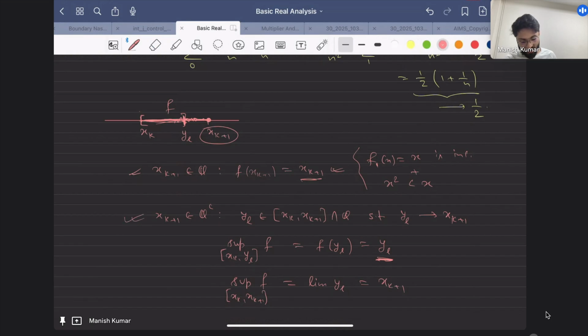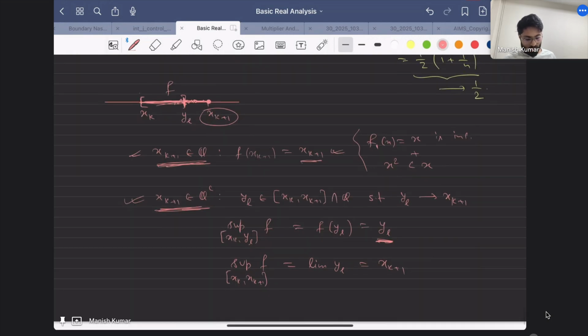In this case the supremum is achieved at the point, but here the supremum is not achieved. Because f at xk plus 1 is xk plus 1 square, right? So in this case, the supremum is not achieved.